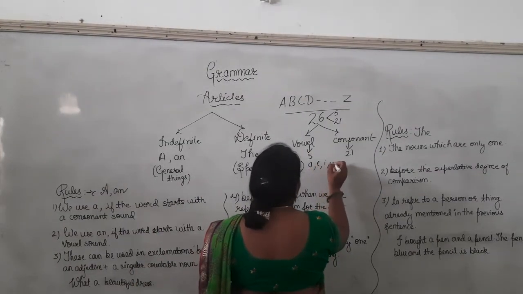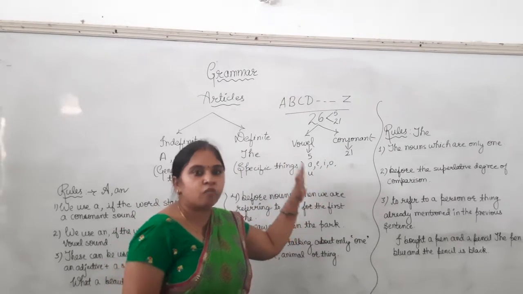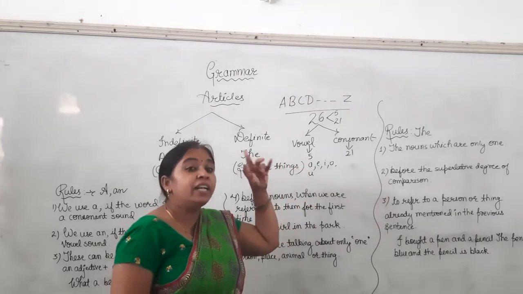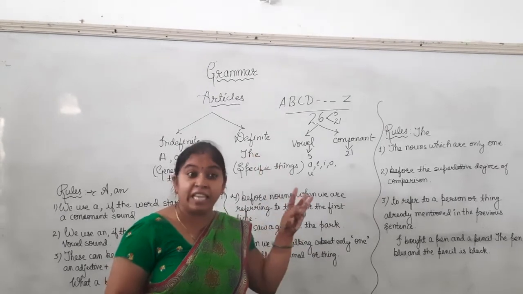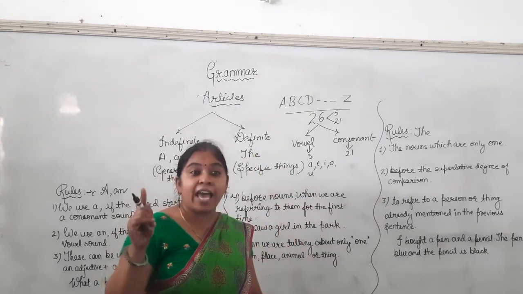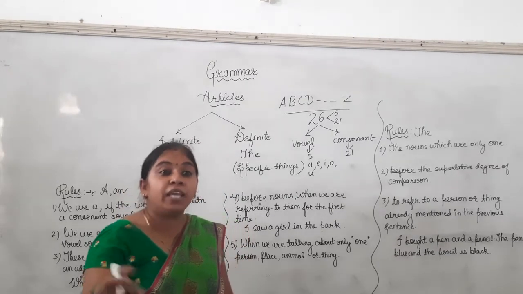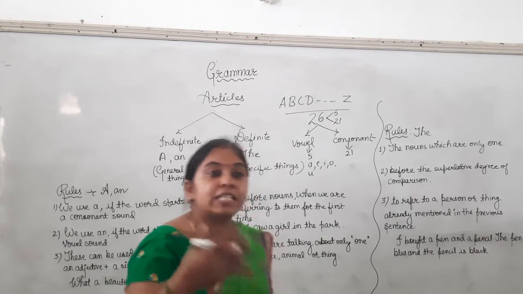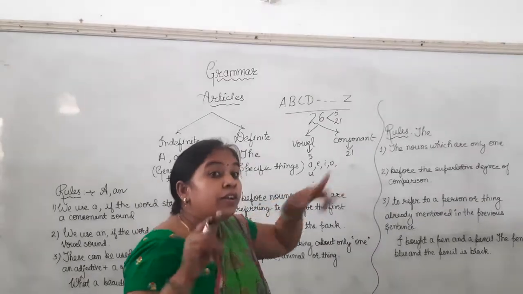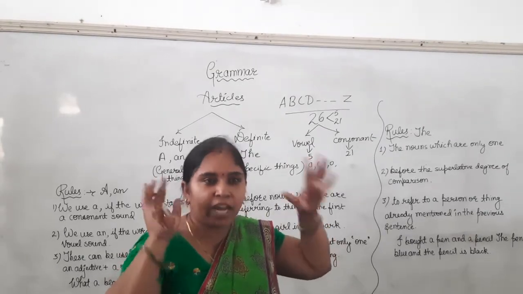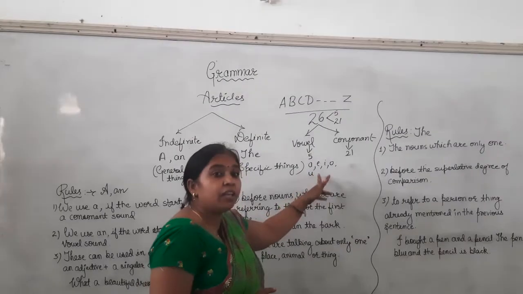And except these 5 alphabets, whatever alphabets are left will come under consonants: B, C, D, F, G, H, J, K, L, M, N, P, Q, R, S, T. U will not come because U is in the vowels. V, W, X, Y, Z. So 21 consonants are there and vowels are only 5.